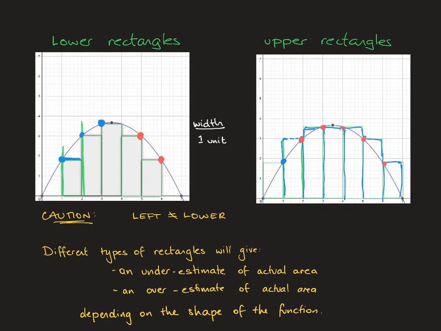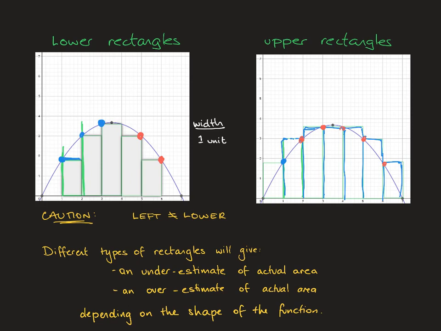Now, one of the common mistakes people make is that they think that if you're doing lower rectangles or left rectangles, you always get lower rectangles, and that's absolutely not the case, as you can see here. It depends on the curvature of the curve, whether it's increasing or decreasing.